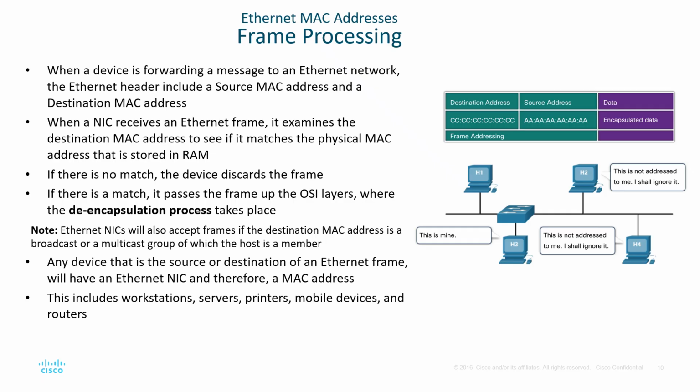If there is no match, the device will discard the frame. If there is a match, it passes the frame up the OSI layers where the de-encapsulation process will take place. Note, your Ethernet NICs will also accept frames if the destination MAC address is a broadcast or a multicast, of which the host is a member.